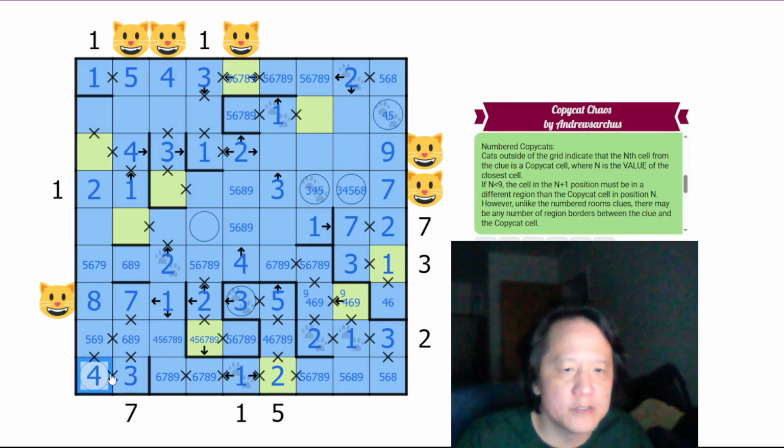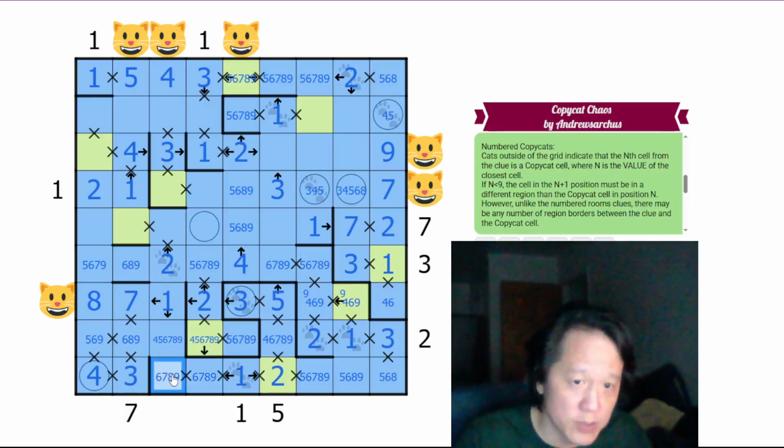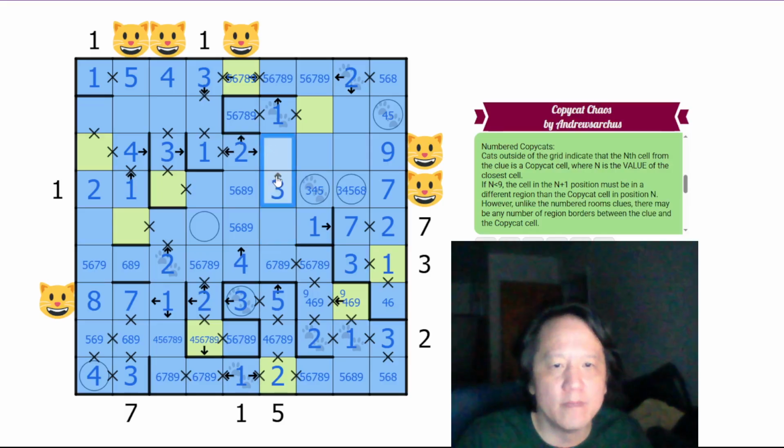Can we go, so 1, 2, 3, 4, 5, 6. So can we not go this way? Can we go, is this part of that? Possibly. We don't really know. Oh, boundaries.